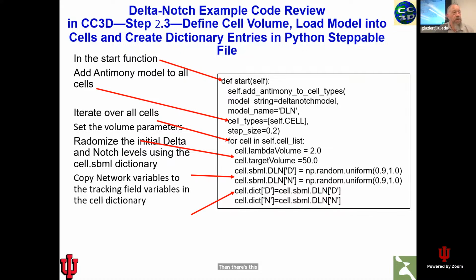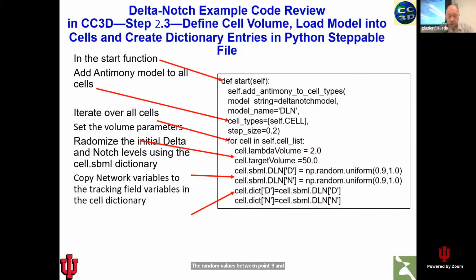And then for cell in self.cell_list, setting cell.lambda_volume to 2 and target volume to 49 or 50. If I start out with all the delta values or all the notch values exactly equal to each other, nothing happens. So I have to break the symmetry of the problem a little bit. So I make the initial values of D and N random values between 0.9 and 1.